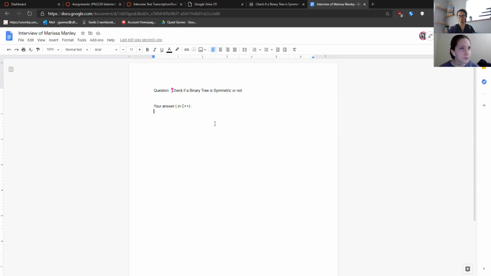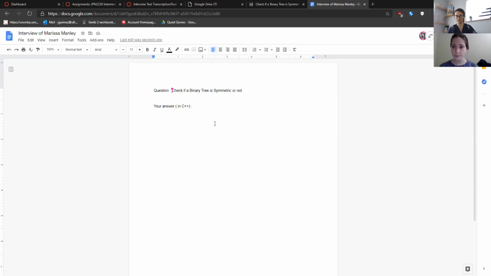So, I have a question. When you say symmetric, is the implication that it is a perfect binary tree, such that every single node is filled and the heights are the same on both sides, and every single node has just 2 children except for the leaves?